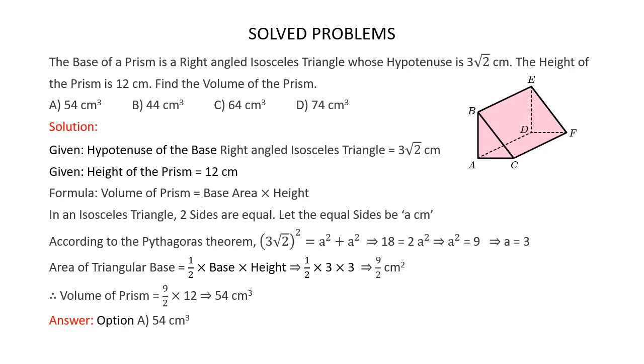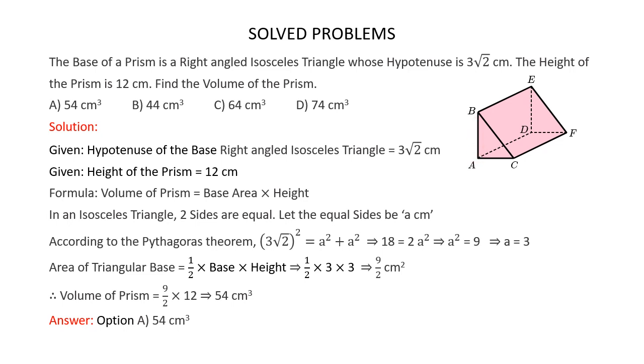Now AB is the height of this triangle. AB is also equal to a, which means the height of this triangle is also equal to 3 centimeters. So in this right-angled isosceles triangle, the base is equal to 3 centimeters and height is equal to 3 centimeters.